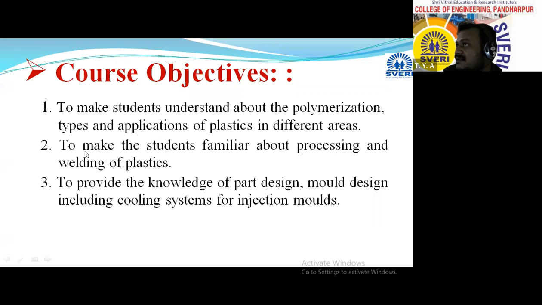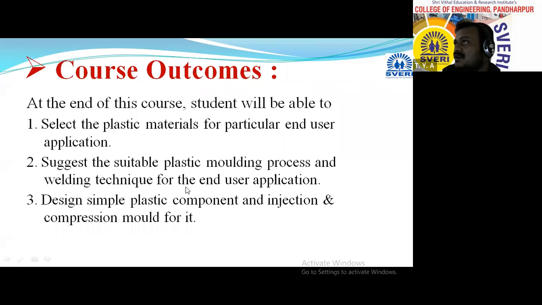Then to make the students familiar with processing and welding of plastics, and to provide the knowledge of part design, mold design, including the cooling system for injection molds. This is the objective. I will explain it with the help of course outcomes.